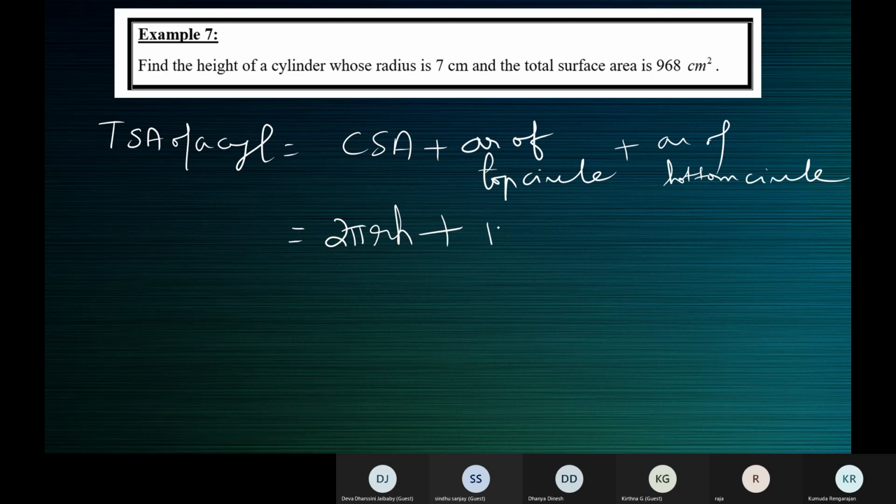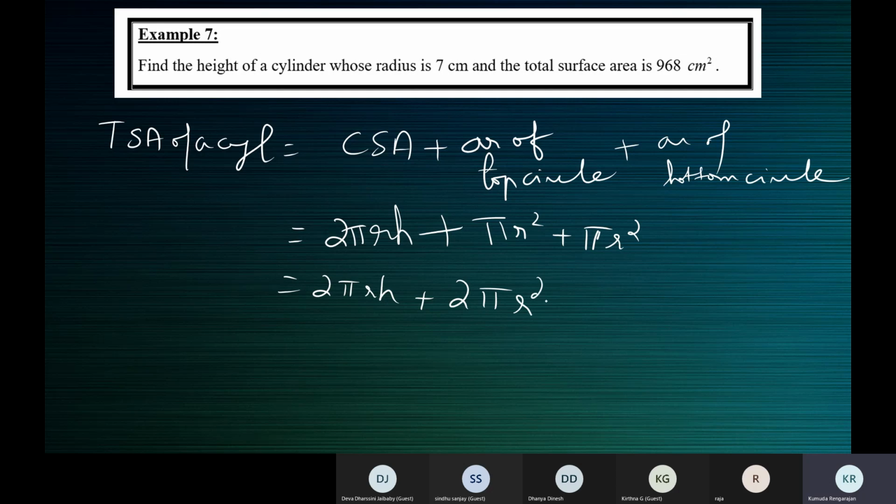Pi R square, ma'am. What about the bottom circle? Pi R square, ma'am. So how to simplify this? 2 pi RH plus 2 pi R square. What's common? 2 pi R is common, ma'am. Bracket, H plus R. Or you can say 2 pi r into r plus h.